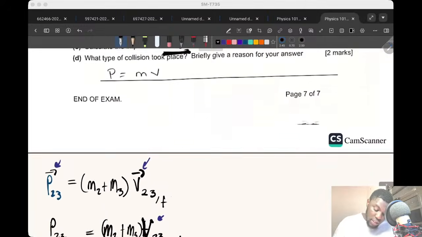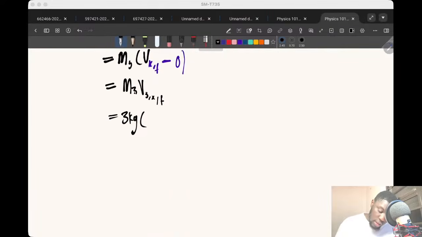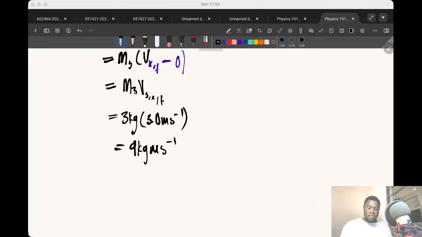The final velocity is the velocity that they moved away with together, and it was 3 meters per second. The initial one was 0. So you're going to say 3 kg times 3.0 meters per second, which is 9 kilogram meters per second.